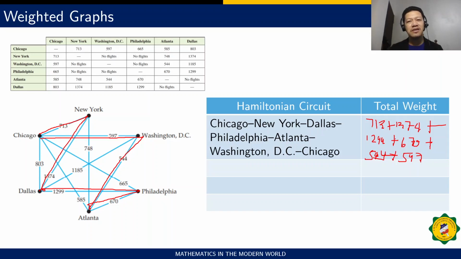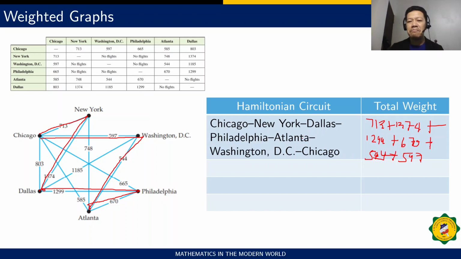Then the question is, is this the shortest path, or the one with the minimum weight? It's the traveling salesman problem, looking for the optimum solution, one that gives us the minimum cost, the minimum time of travel, or the minimum distance, depending on whether the weights refer to time, distance, or cost of transportation. We're looking for the minimum total weight.